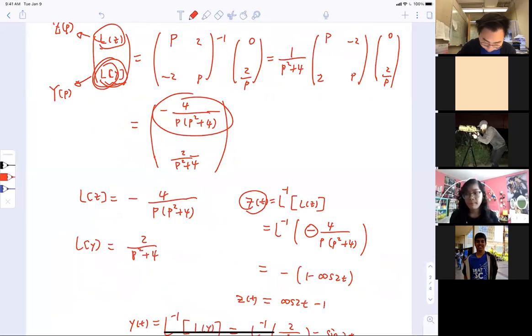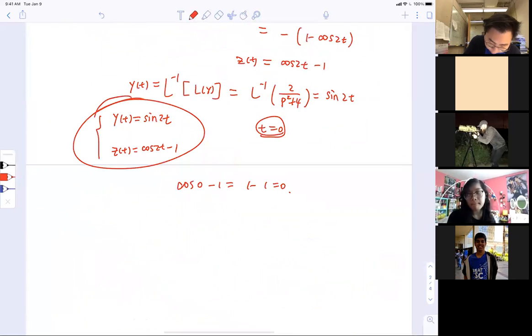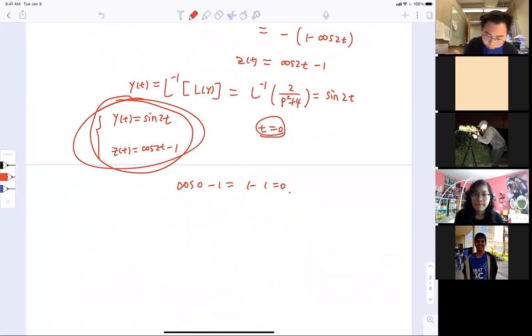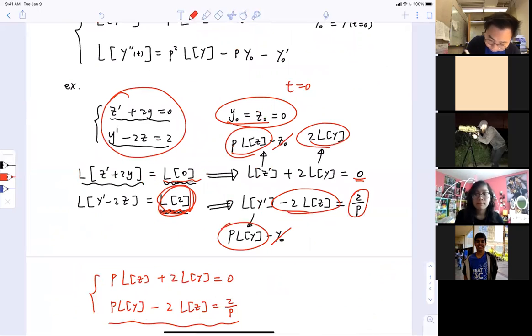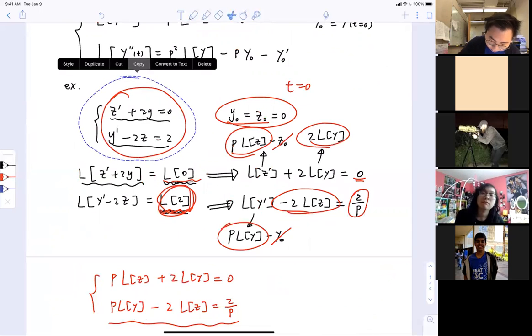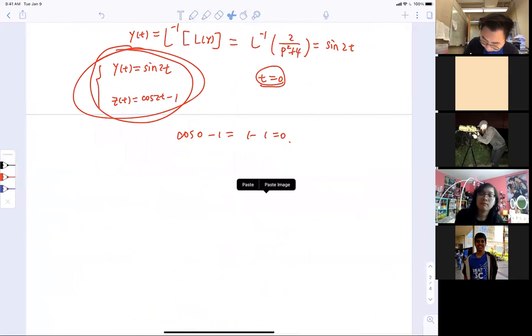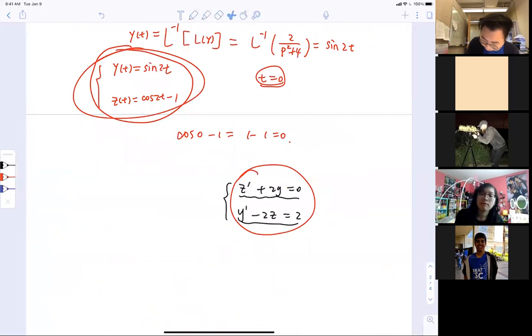And because the solution here is quite simple, sine and cosine functions, we can do the derivative quite easily, and let's check whether it's true or not. So what is z prime?